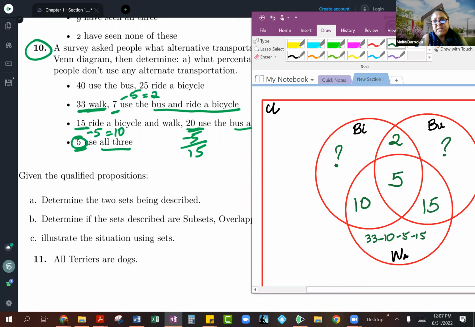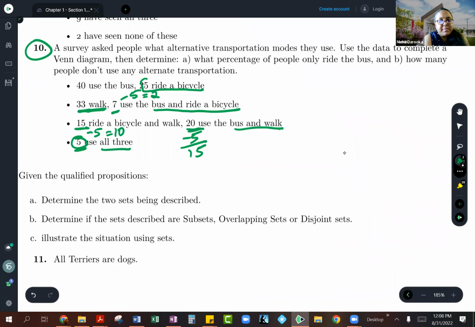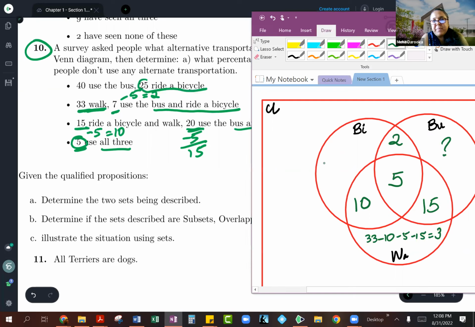That number looks good, Sarah. Yeah, for the bike. Very nice. Very nice, Destiny. So now we've done the walking. Let's do the bicycle, people. They're telling us 25 ride the bicycle. So bicycle would be 25 minus the 2 minus the 5 minus the 10, which comes out to be 17.